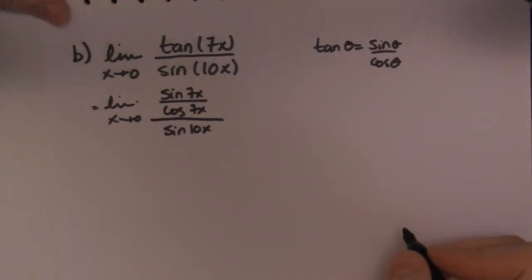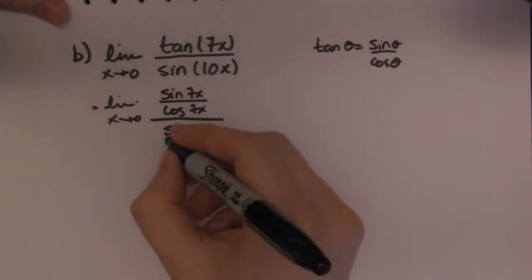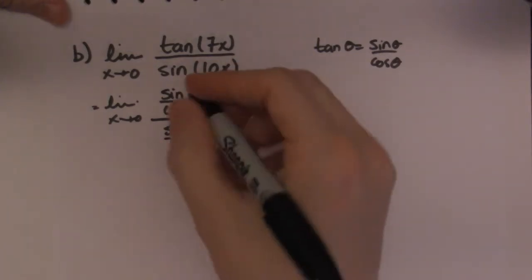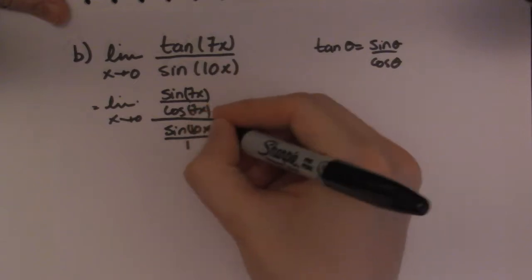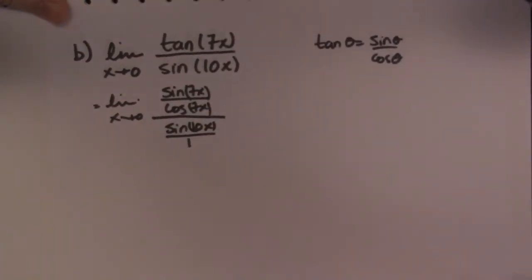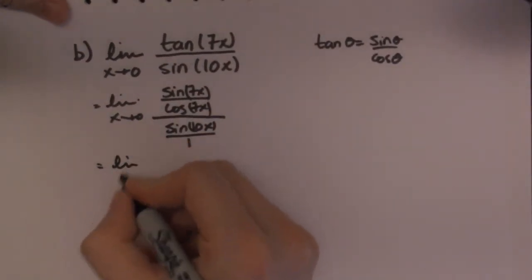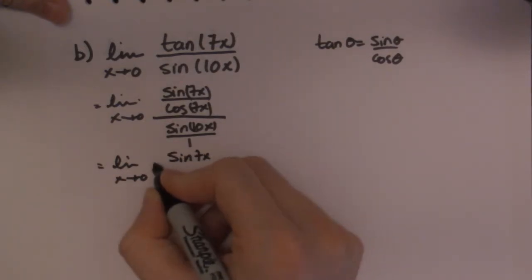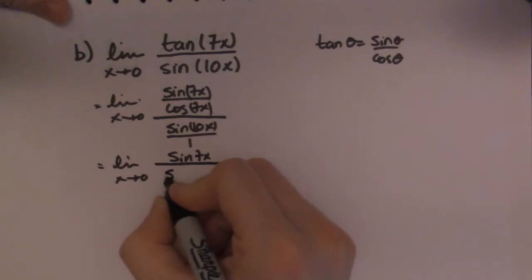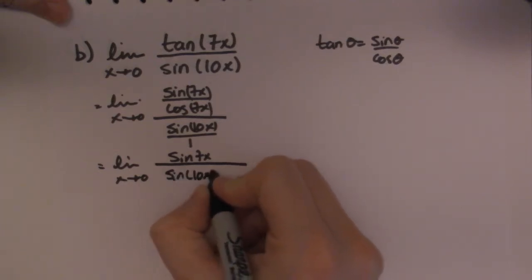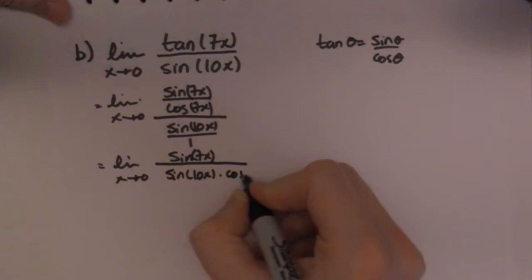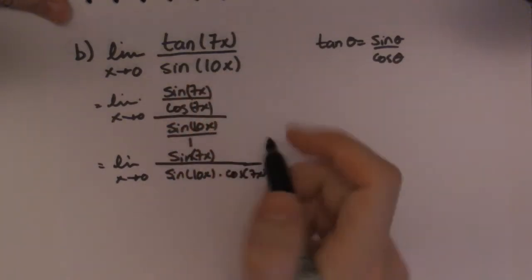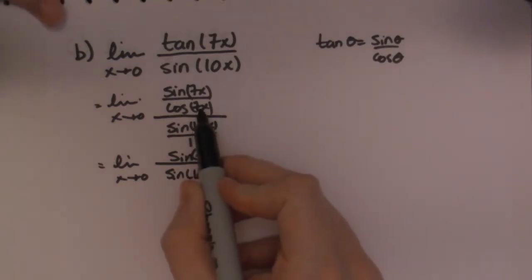Now I personally don't like how that looks. So what I can do is sort of treat this sine as sine of 10x over 1, and then go ahead and flip and multiply this over. So what I get basically is the limit as x goes to 0 of sine 7x all over sine 10x times cos of 7x. So this flips over, so it basically just multiplies that cos on the bottom.